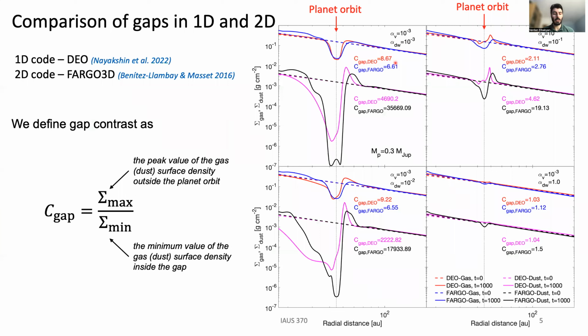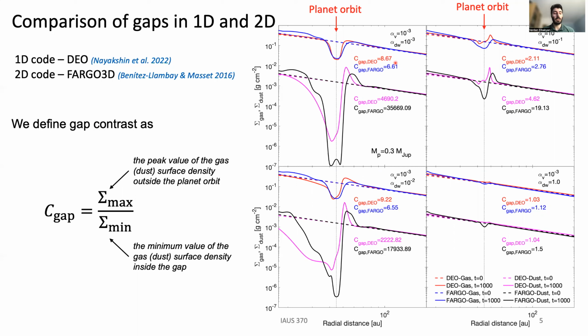From the theoretical perspective, let's go to the numerics. What we've done is we modified our 1D code DO by adding these MHD winds, and also in the same way modified the 2D Fargo 3D code.